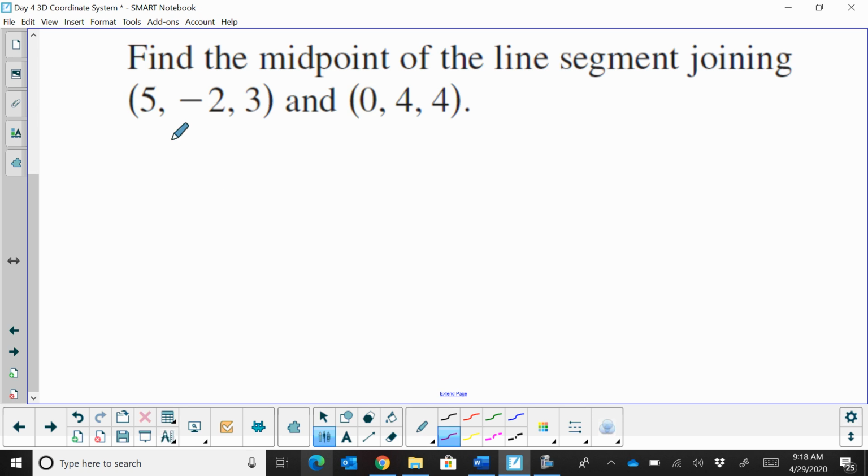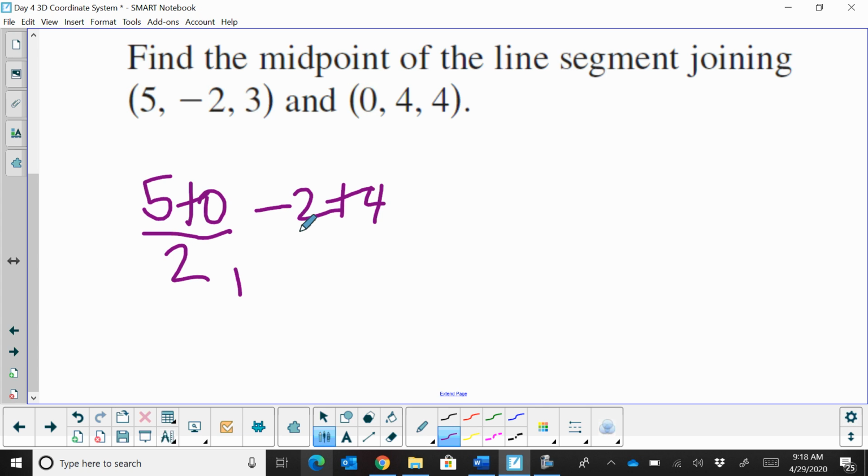So let's find the midpoint between the point (5, -2, 3) and (0, 4, 4). So for the x coordinate, you're going to add the x's, divide by 2, y, add the y's, divide by 2, and add the z coordinates, and divide by 2.